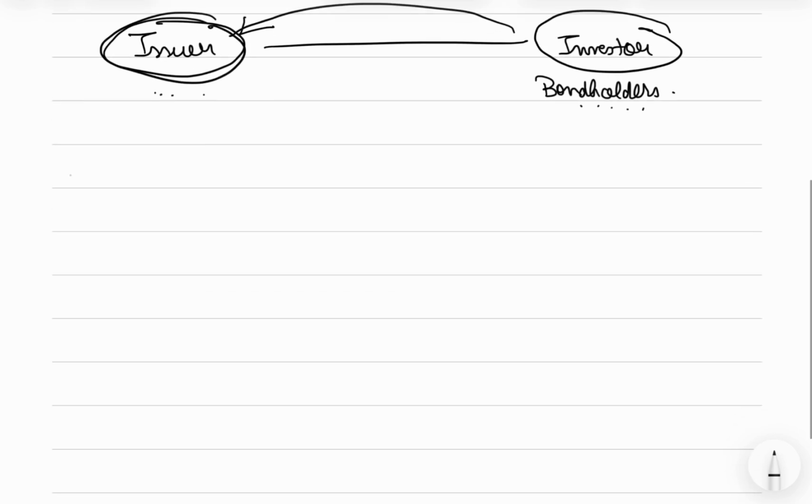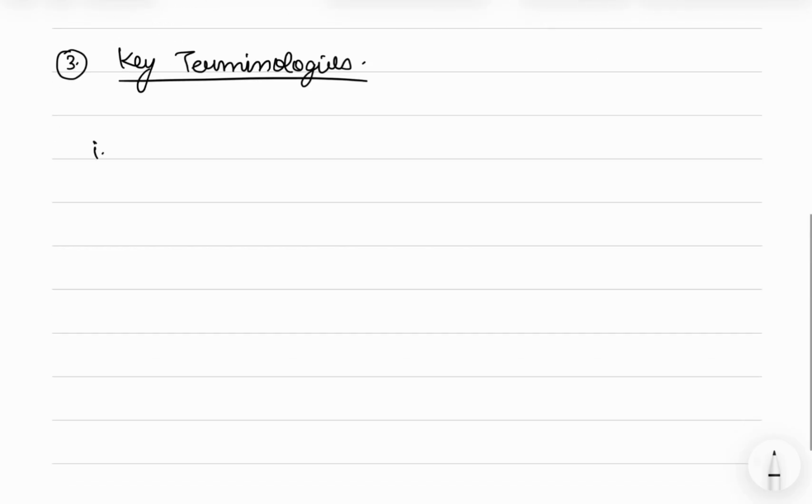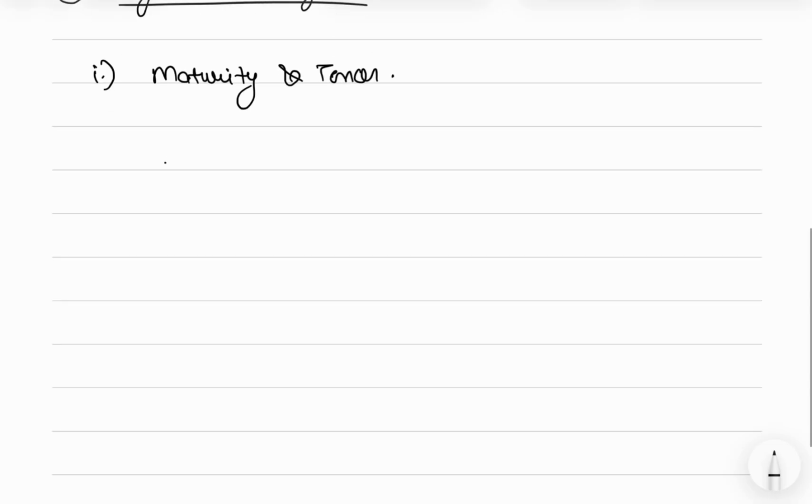Then the next topic is key terminologies. The first one is related to maturity and tenure. Let's take an example. Let me draw a timeline.